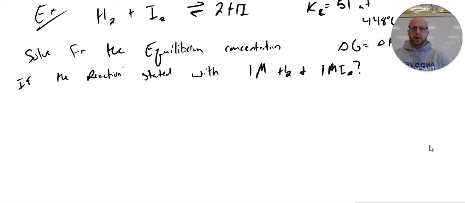Again, like we've been talking about, unlike stoichiometry, if it's just a 1 to 2 ratio, there's 2 moles of this produced. Nope, because some of this is going to go back the other way. So what we're going to set up, if you remember from last year, is some ICE charts.